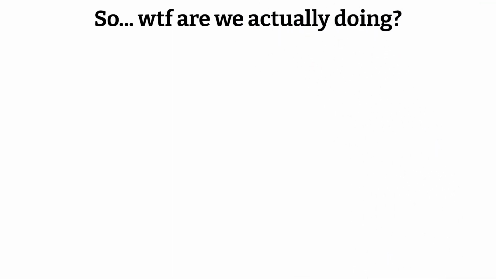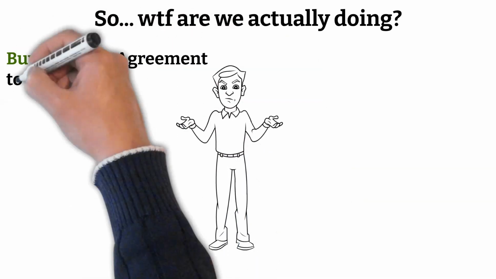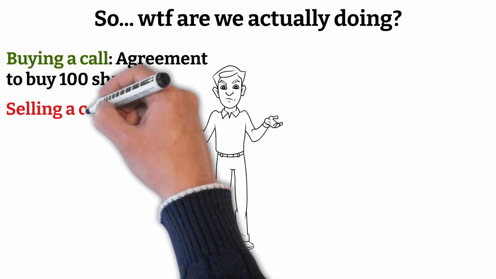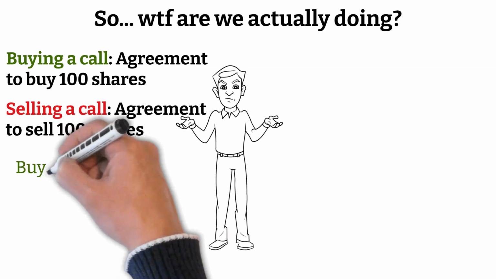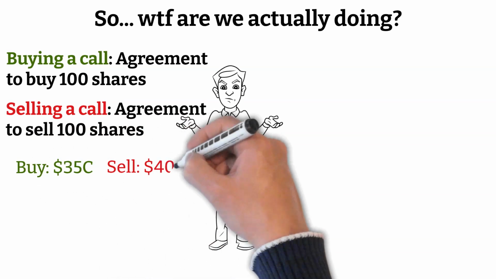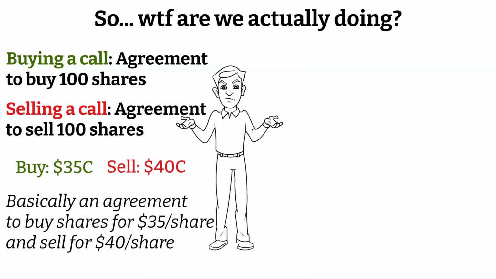But before we go further, let's break down what we're actually doing by buying and selling options with the same expiration date. Remember, buying a call is an agreement to buy 100 shares, while selling a call is an agreement to sell 100 shares. So by buying the $35 strike and then selling the $40 strike, we're essentially agreeing to buy 100 shares at $35 and then sell them for $40 a share.